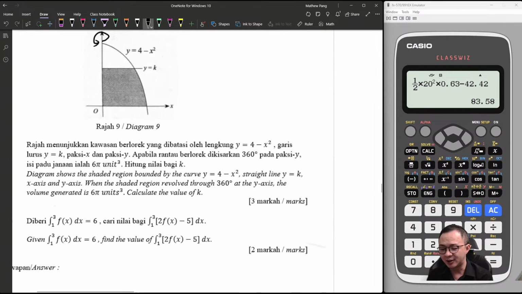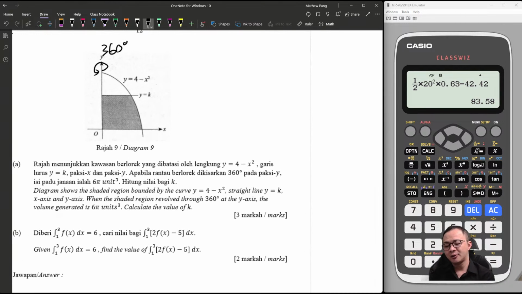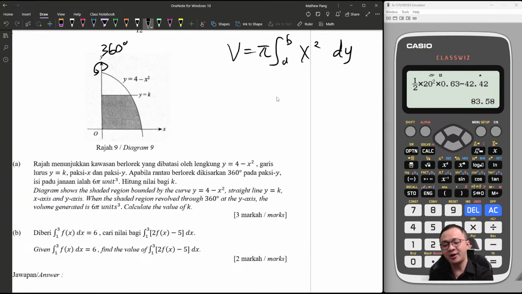3 marks. About the y-axis, the volume formula is pi x squared dy from a to b. If you know this formula, everything should be quite easy. The limits are 0 to k, because the shaded region goes from 0 up to k.